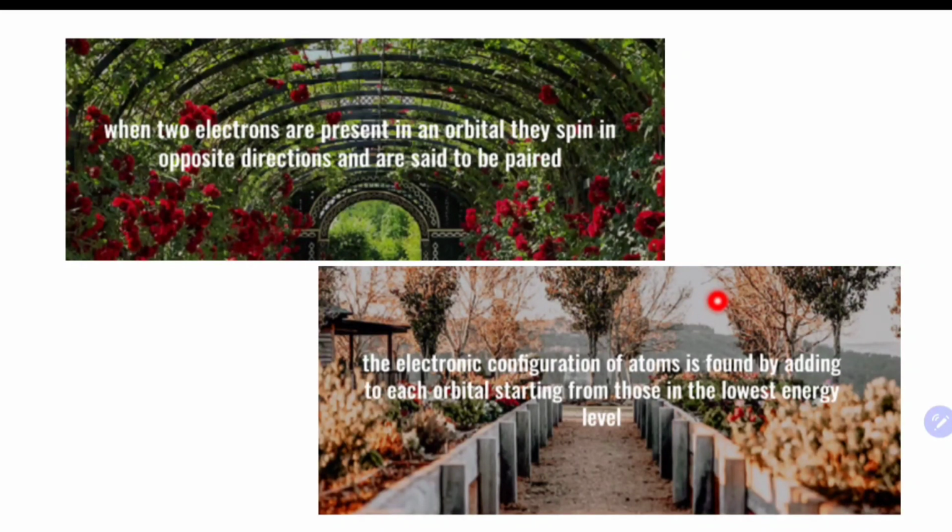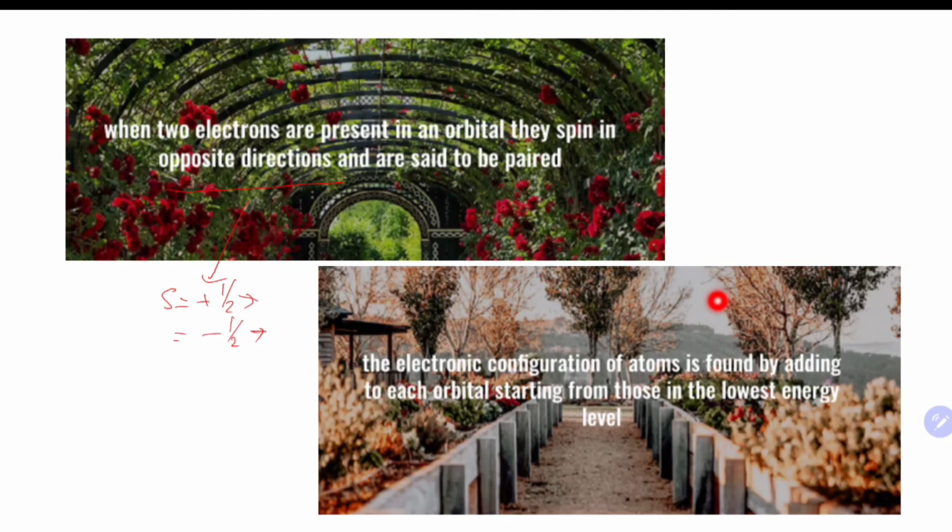When 2 electrons are present in an orbital, they spin in opposite directions and are said to be paired. The quantum number is spin s, plus half and minus half: plus half for clockwise, minus half for counterclockwise.